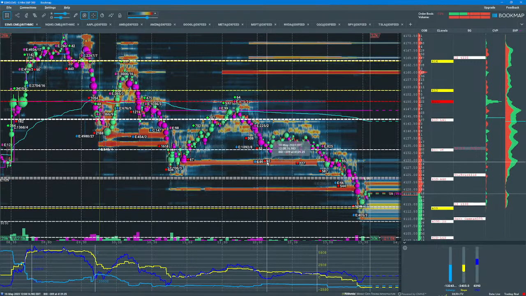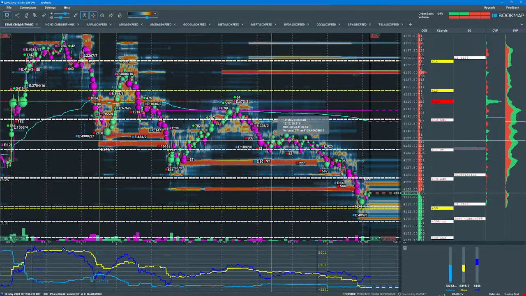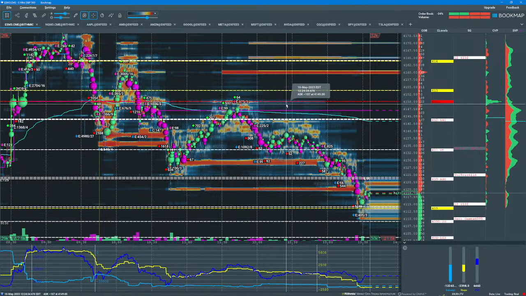And this is the S&P 500 in Bookmap. And before I take a closer look at this chart, I'm going to take a look at a larger time frame.